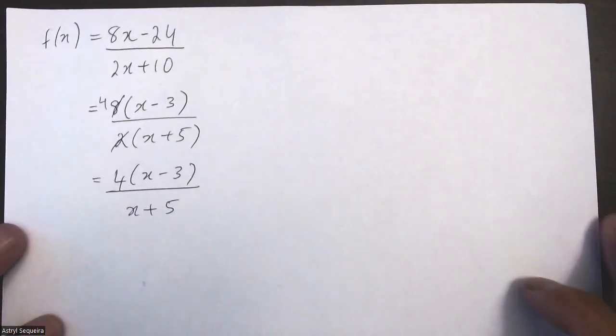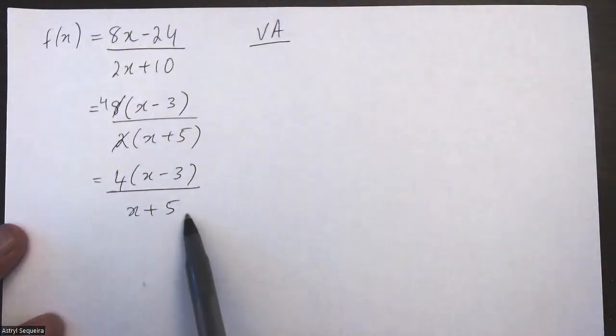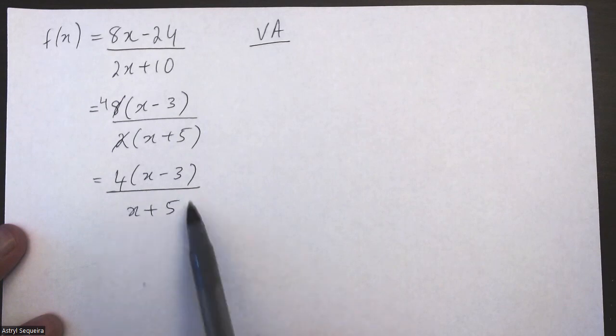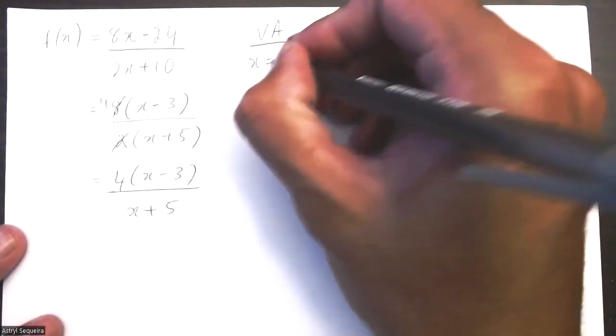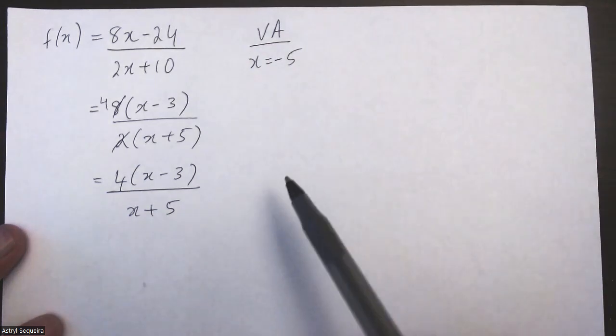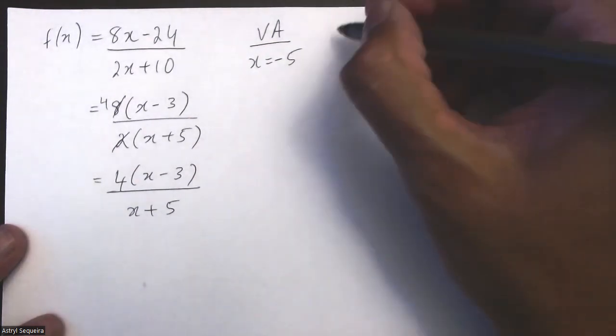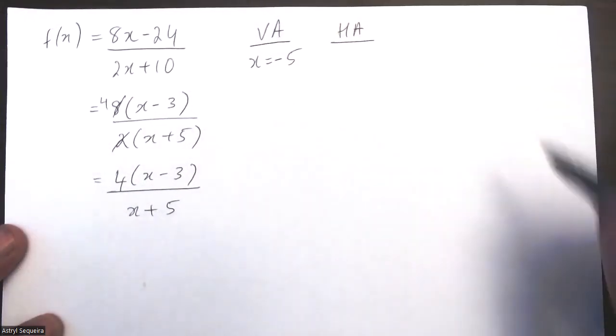So once I've done this, I can state my vertical asymptote. My vertical asymptote is just the solution to my denominator, which is x equals negative 5. For my horizontal asymptote, you can actually look at the original equation.